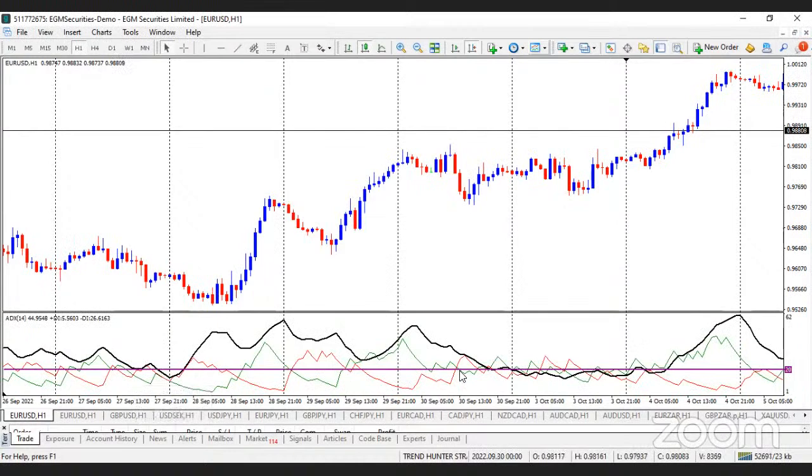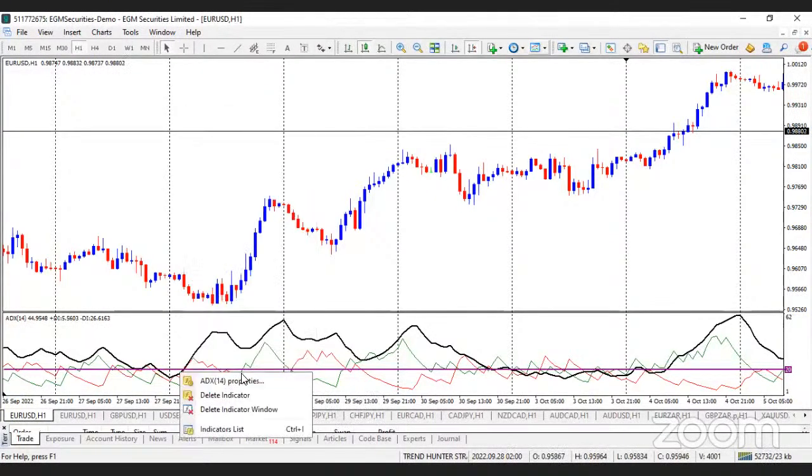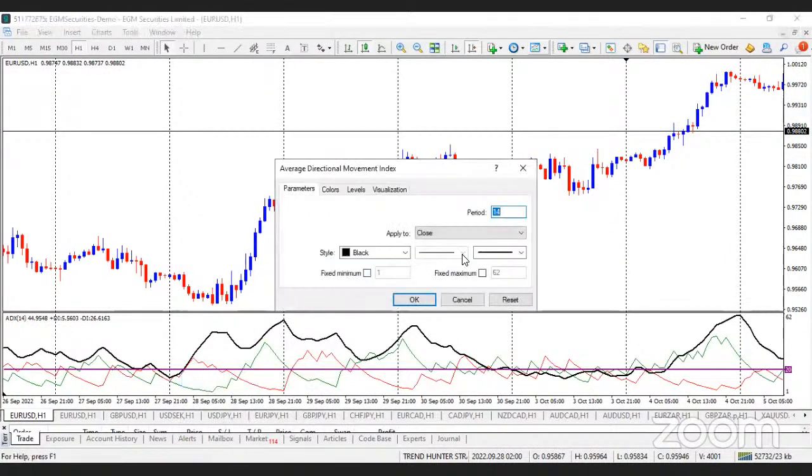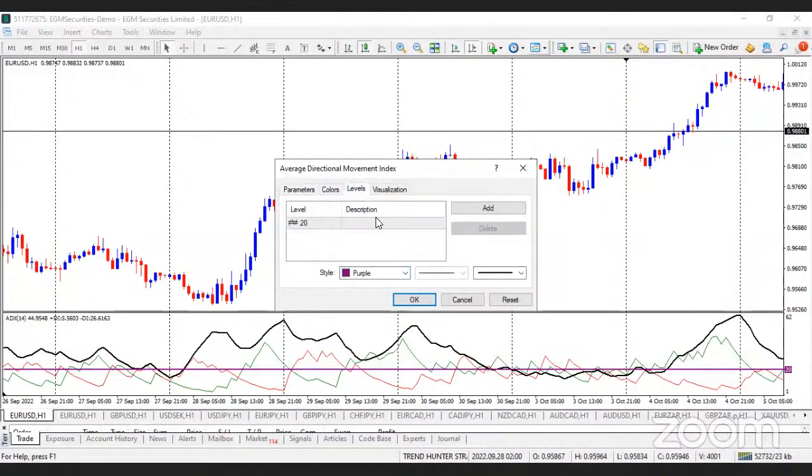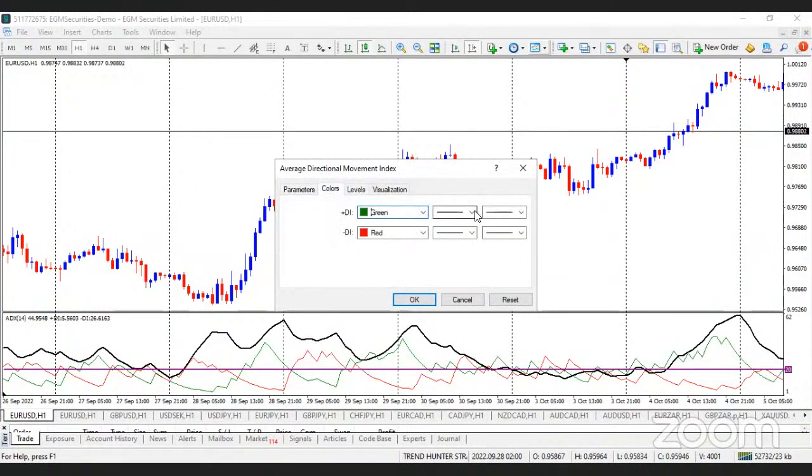You can enhance the visibility. If the two lines are faded, you can right-click on that indicator and go to ADX properties. The default setting has those two lines as dotted lines.